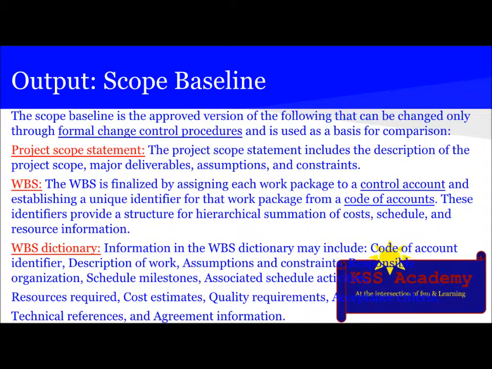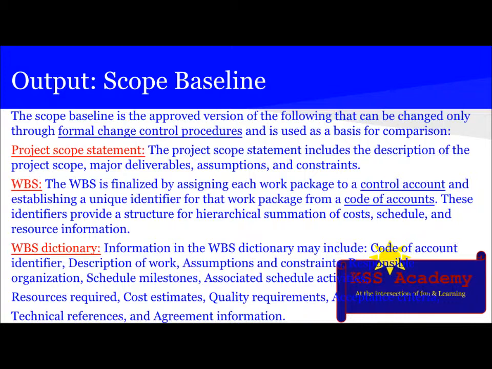Let's see some more things about WBS. The WBS is finalized by assigning each work package to a control account and establishing a unique identifier for that work package from code of accounts. These identifiers provide a structure for hierarchical summation of cost, schedule, and resource information.